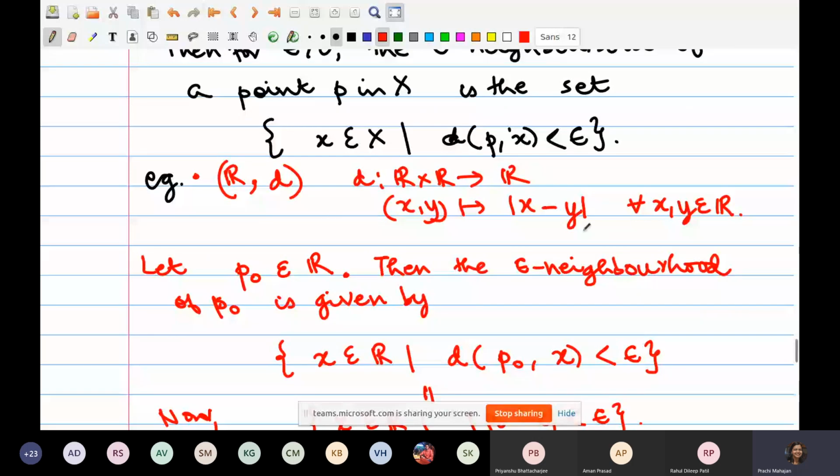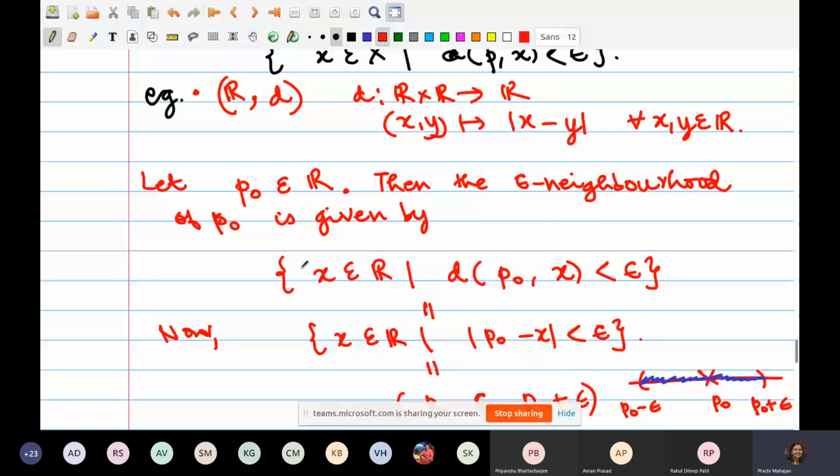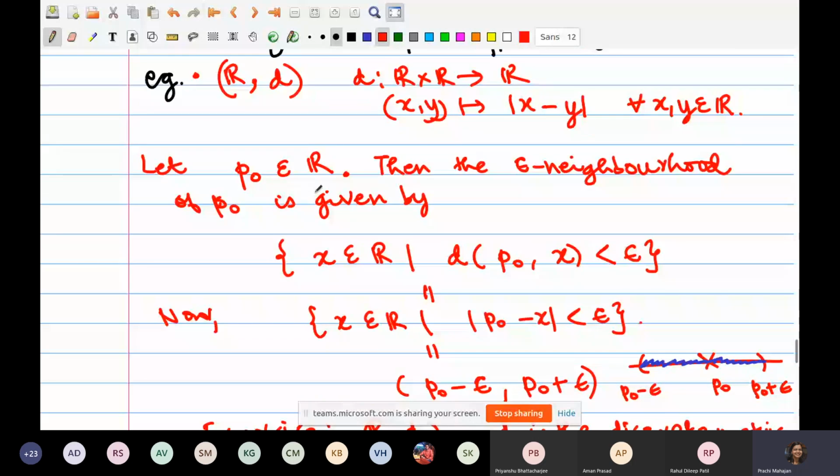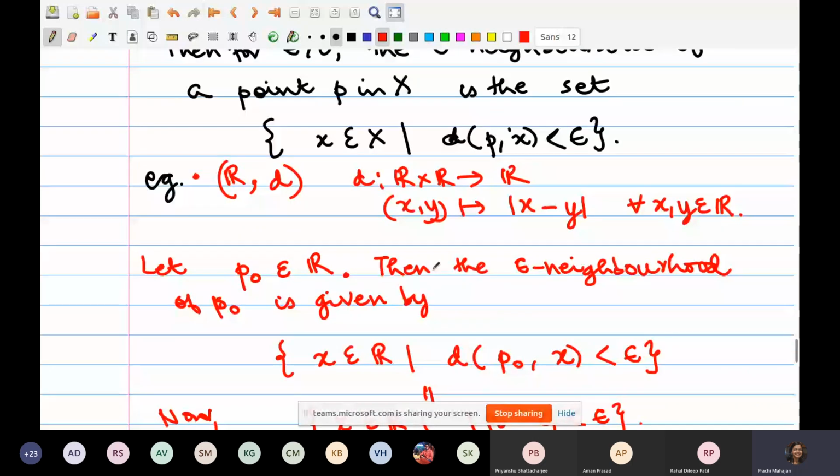Now I am here trying to work out the epsilon neighborhood of a point P naught. By definition, this is the following set. It is the set of all real numbers X such that the distance between P naught and X is at most epsilon. Are you with me up to this point?